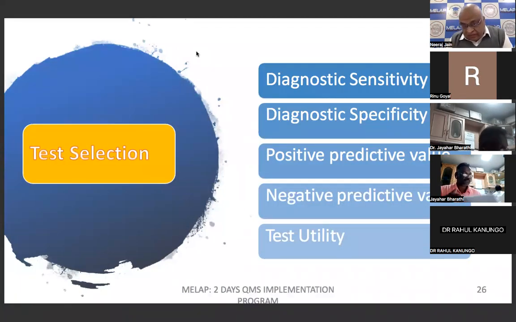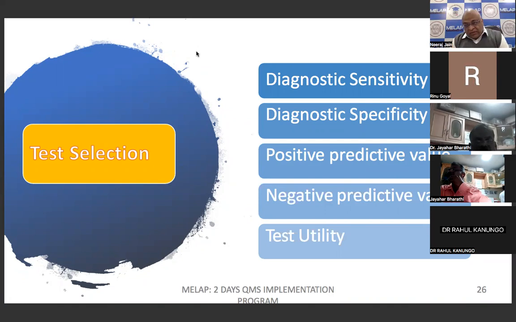Now there's certain terms. Diagnostic sensitivity, diagnostic specificity, positive predictive value, negative predictive value, utility of a test. See, diagnostic sensitivity means out of 100 cases of a particular disease, in how many cases a test is coming positive.